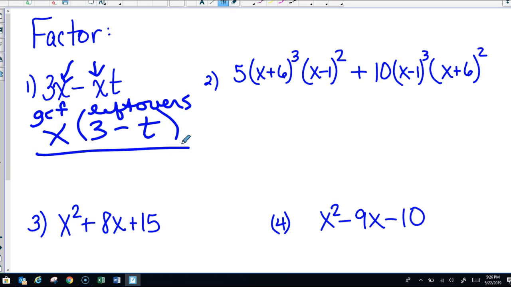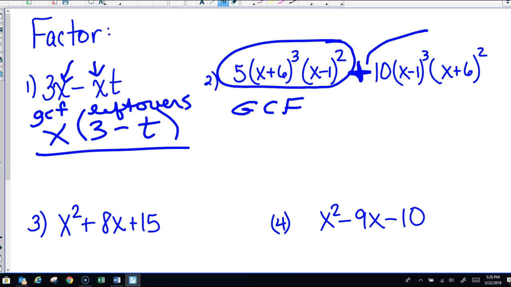Okay, now sometimes your greatest common factor may actually be a binomial. This one's going to have a large GCF. And what's guiding us to where we're looking is the big plus or minus sign. So I'm considering this sort of like a basket or a bag, and this is another basket or bag. And I'm seeing what same stuff is in those.